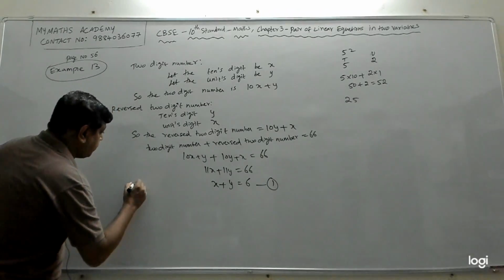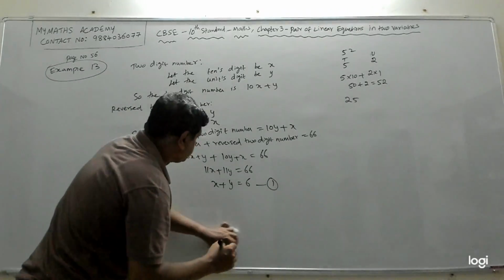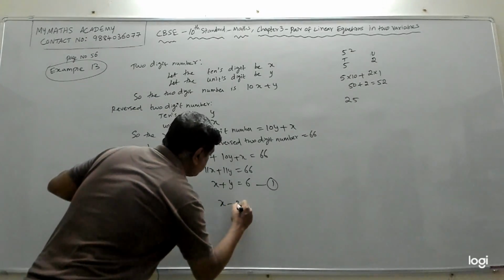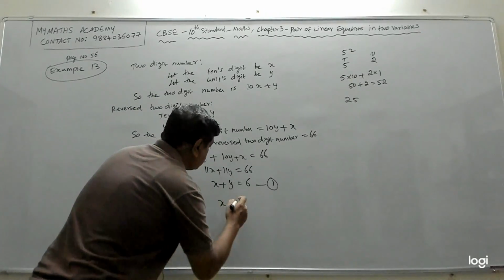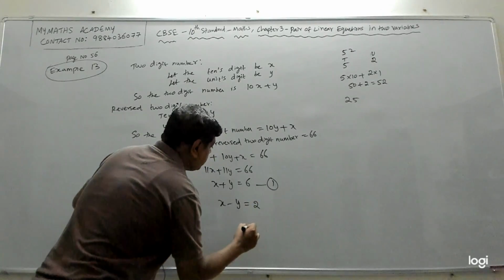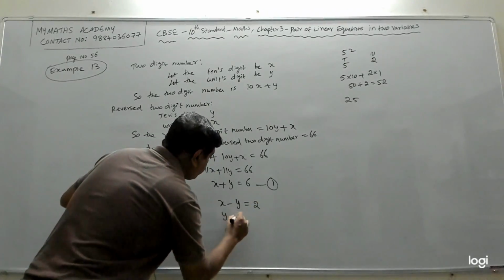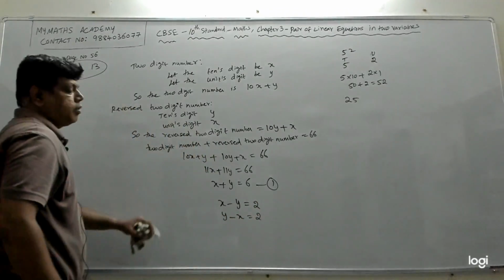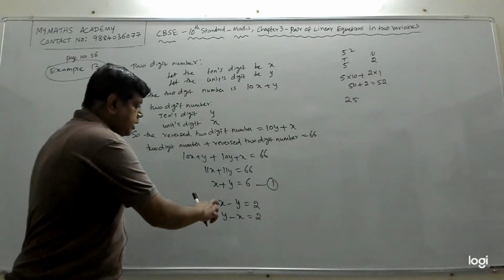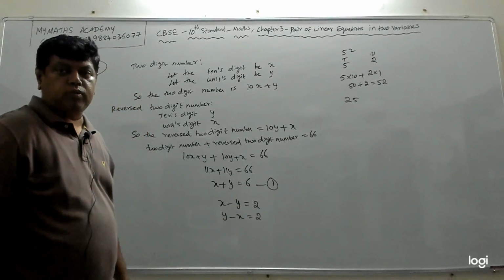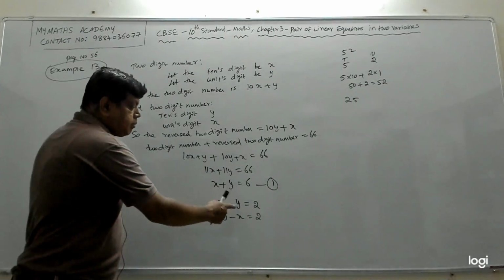The second equation is x minus y equal to 2, or y minus x equal to 2. We don't know which, so you have to take both.